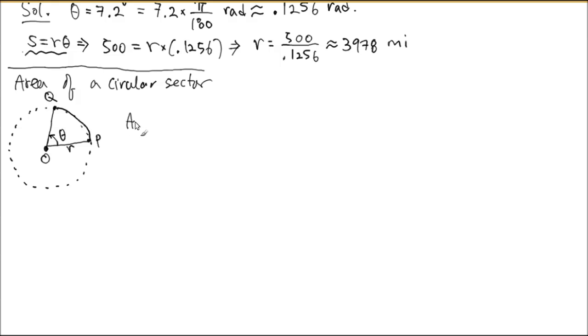What is the area A? Usually A stands for area. The formula is half times r squared theta. That's the formula, period. For some reason, r theta is very simple. Nobody forgets r theta.